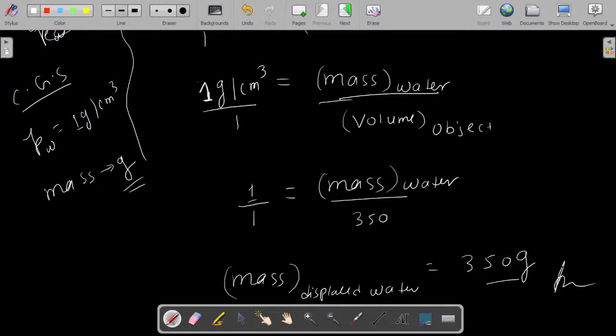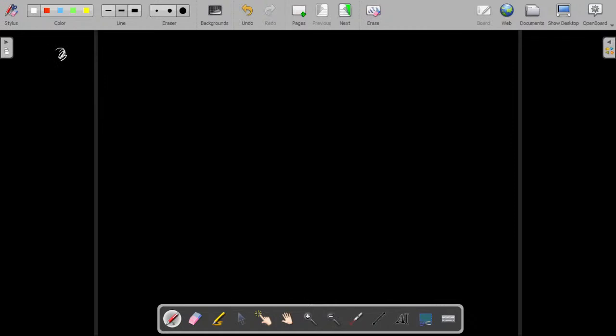Third, you try the relative density of the solid. What will be the relative density of the solid? Note down this thing. Write down the third, C part.